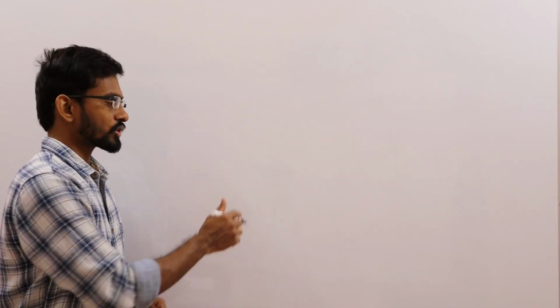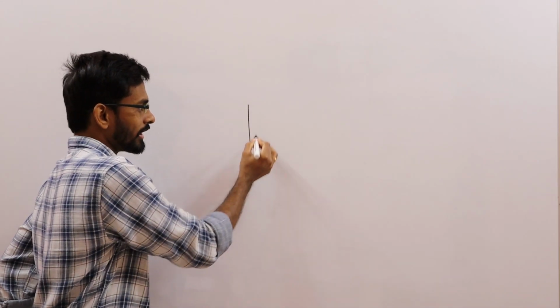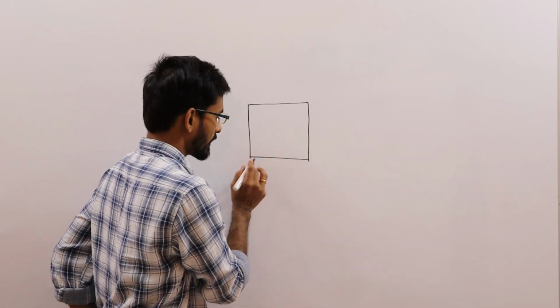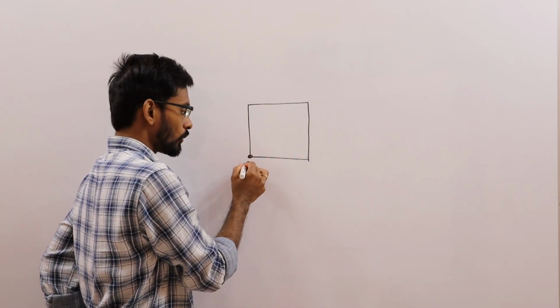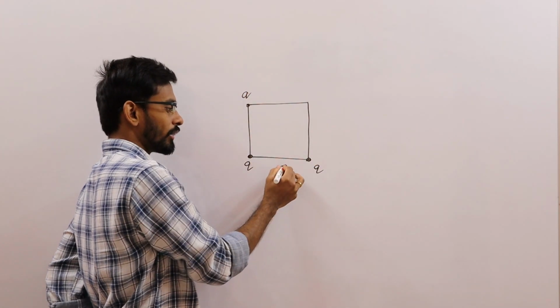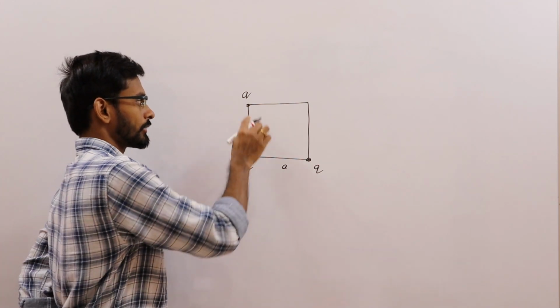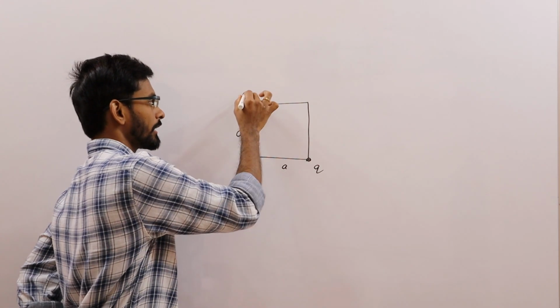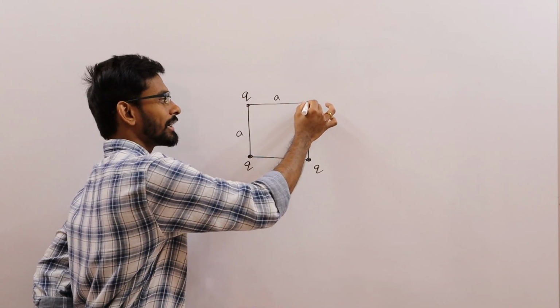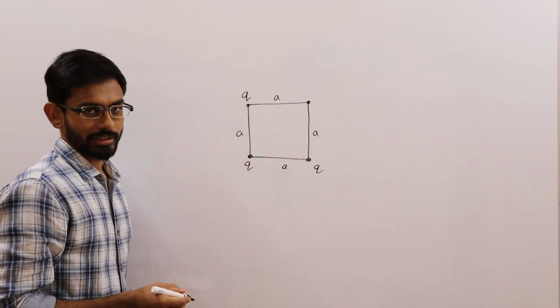Next, let us consider a situation where we have three identical charges on the vertices of a square. So Q, Q and Q. And let the side of the square be A. So this distance will be A and this distance will be A, and here also it is A. Now let us calculate the net electric field at this fourth vertex.